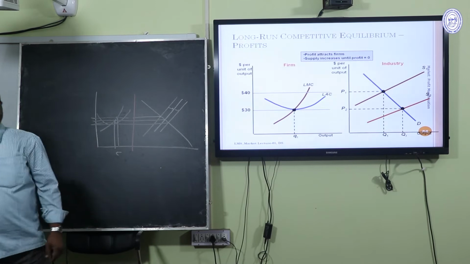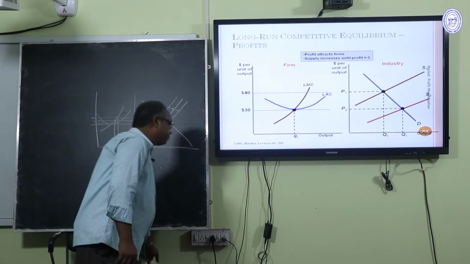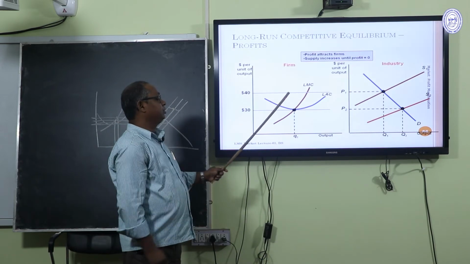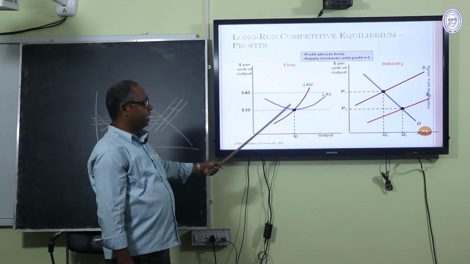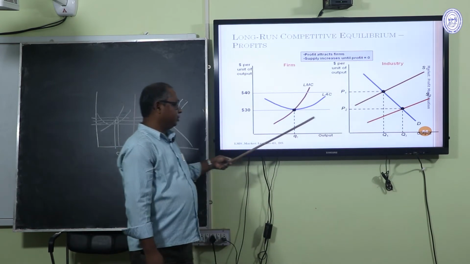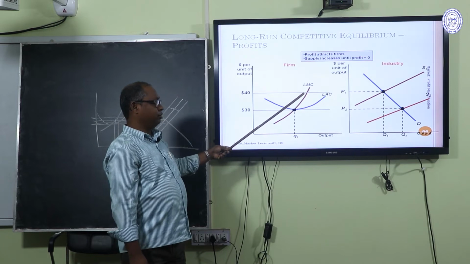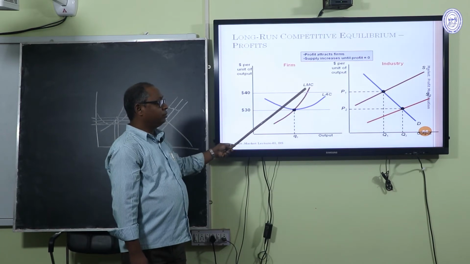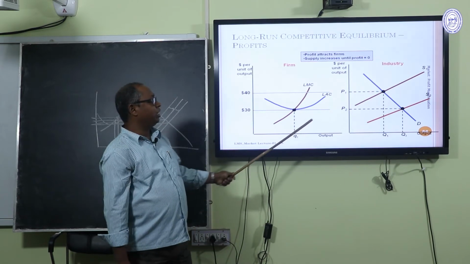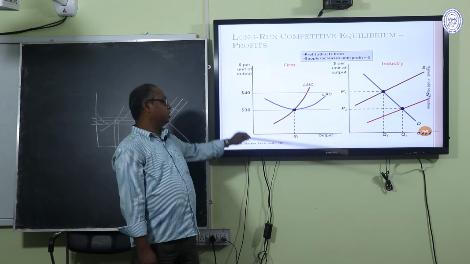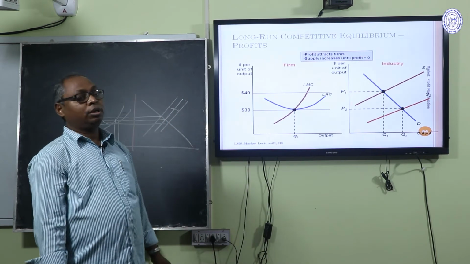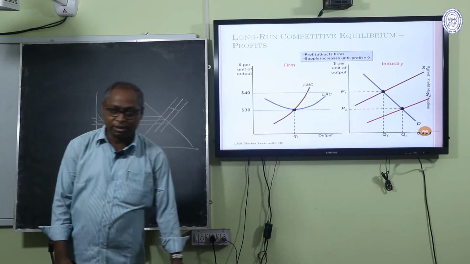So if in the short run the firm's equilibrium is here, the long run equilibrium will turn here instead, because this is not the equilibrium, this is a temporary situation. In the long run, firm and industry are both in equilibrium where price equals LAC equals LMC equals SAC equals SMC.